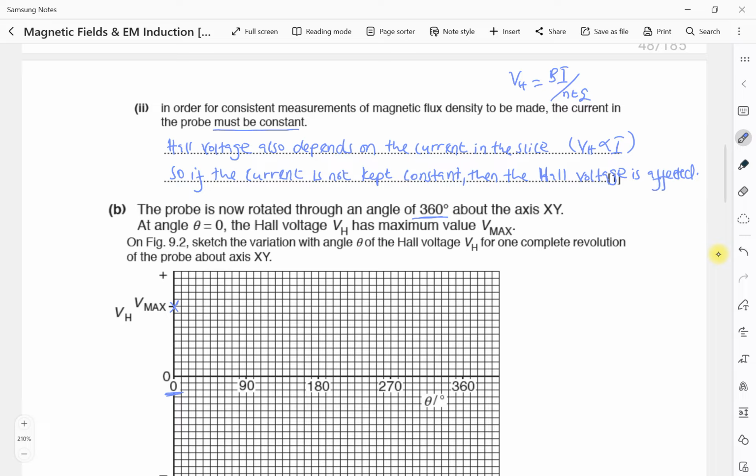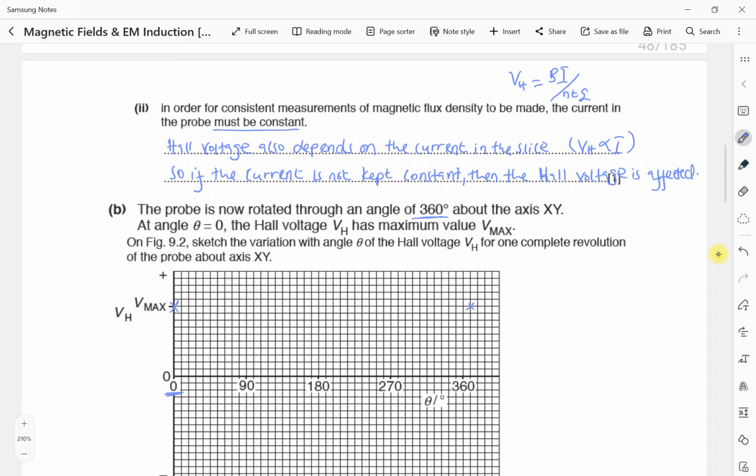On the figure, sketch the variation with the angle theta of the Hall voltage for one complete revolution. So one complete revolution means we are going to come back to where we started, so the final value should also be maximum.